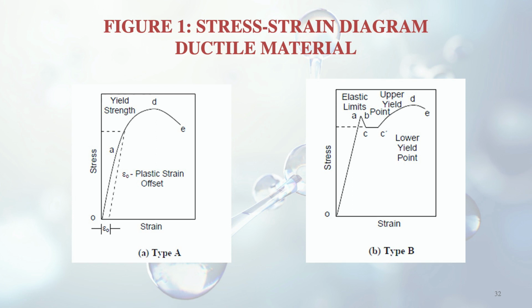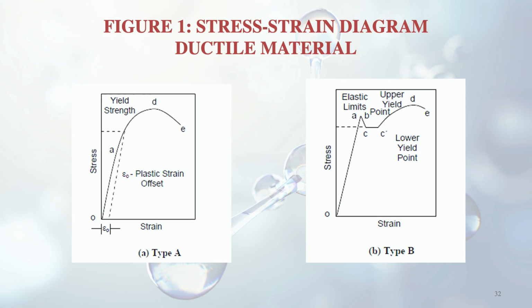After point A, what will happen? The curve will change and the linear relation will go away, and you can see it is somewhat bending. It is a curve type of portion, and up to D it is going like that. But in that portion, one thing has to be noted from A to D, that the stress is increasing at a slow rate, whereas the strain is increasing at a higher rate.